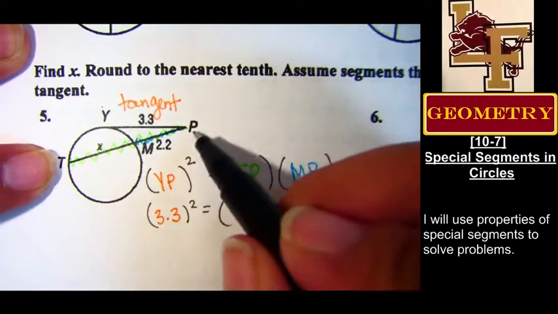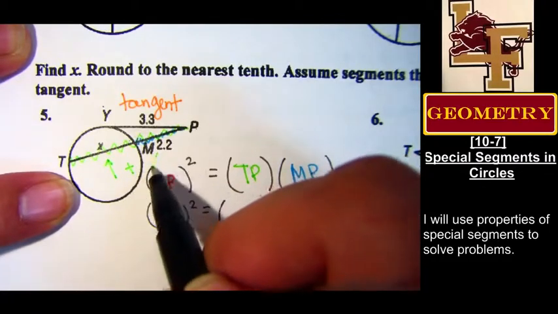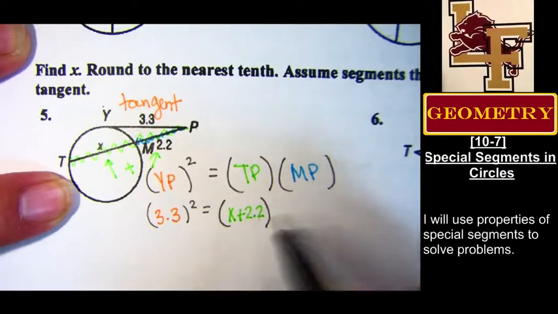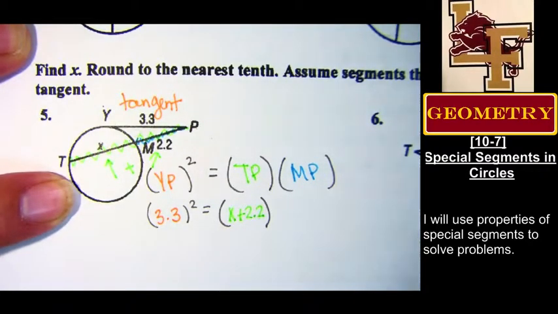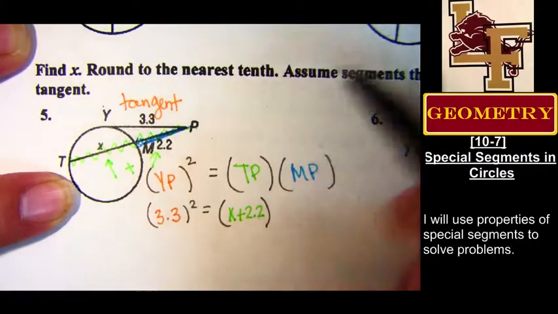The entire length of the segment is this piece plus this piece. Okay, so the entire segment, you have to add those. The external part is just this piece right here.